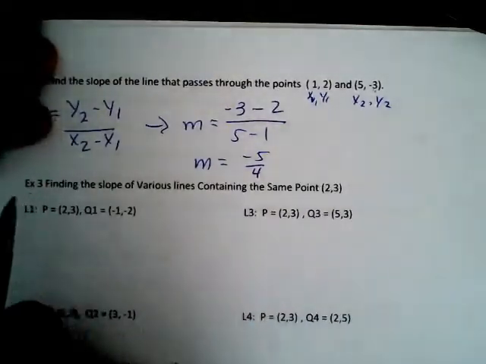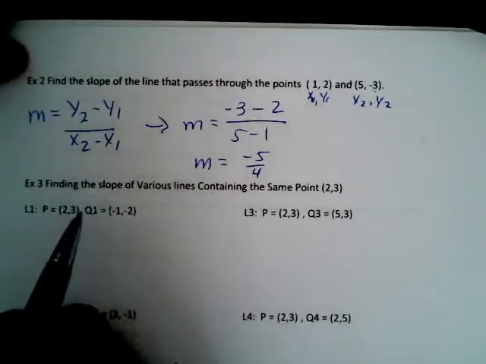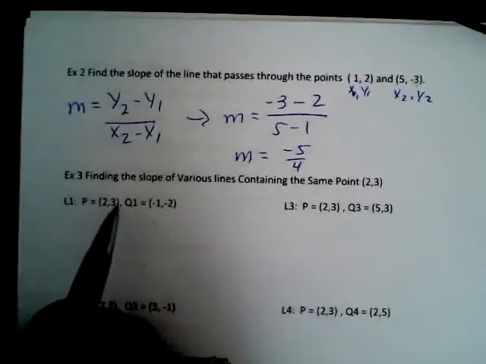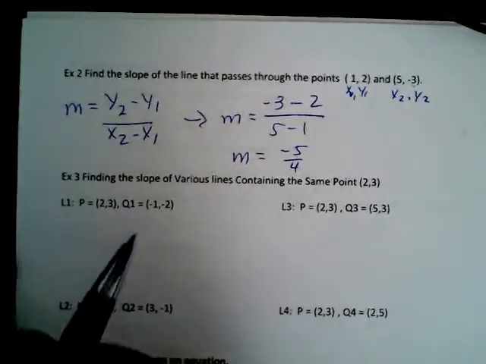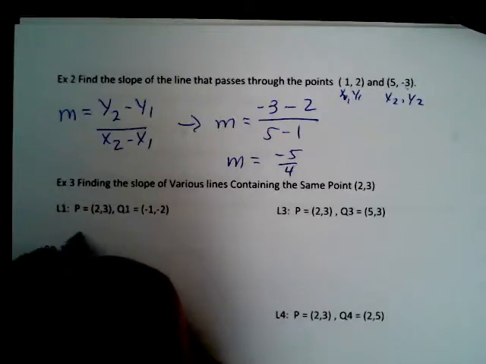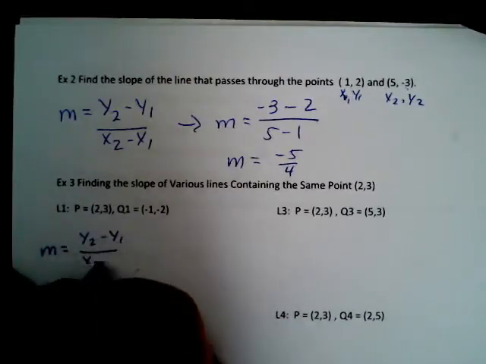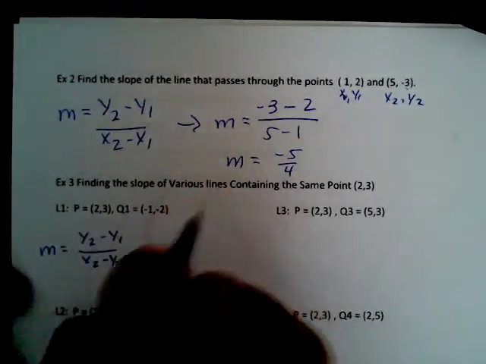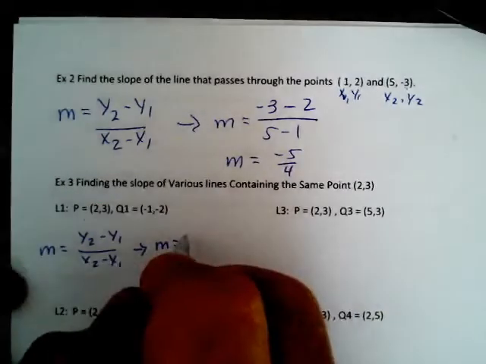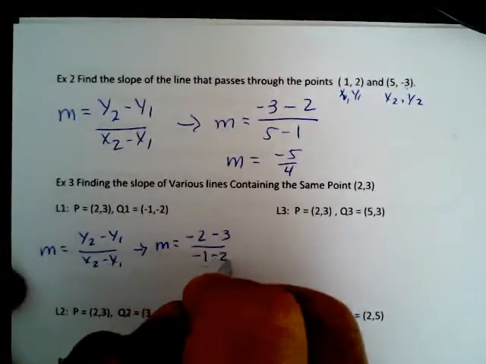Here in example 3, we're going to use the formula again, and we have various lines going through the same point. The point we have in common each time is (2, 3). So let's look at finding the slope here. Again, difference in my y's over the difference in my x's. So this is negative 2 minus 3 over negative 1 minus 2.